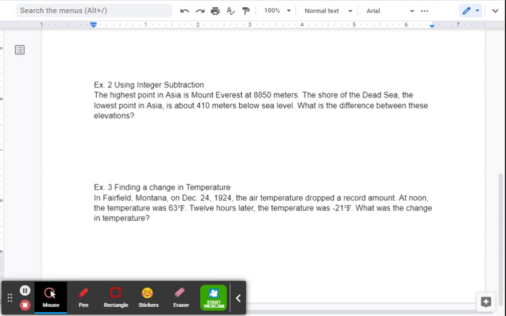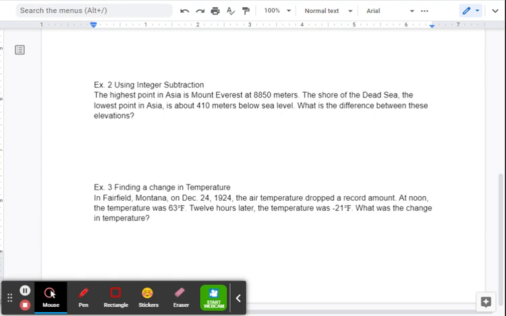Subtraction. Okay, so if I have 63 minus my negative 21, what do I have to do, Kira? Change 21 to a positive 21 and make it addition. Yeah, I'm going to change from my subtraction to my addition. That means I'm changing my negative 21 to a positive 21. So 63 plus 21. So we have 3 plus 1 is 4, 6 plus 2 is 8, and I end up with a positive 84 degrees Fahrenheit.